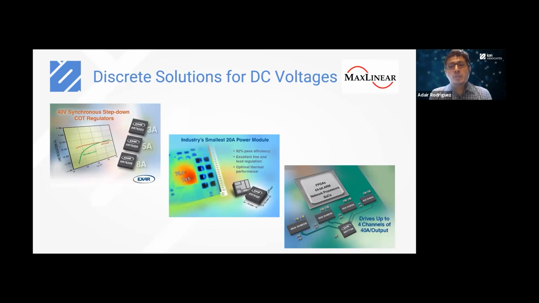On this part, with our partner MaxLinear, we can find modules and solutions: DC to DC modules or point of load up to 20 amps, DC to DC converters, or even PMICs for high performance processors, DSPs, or maybe FPGAs.